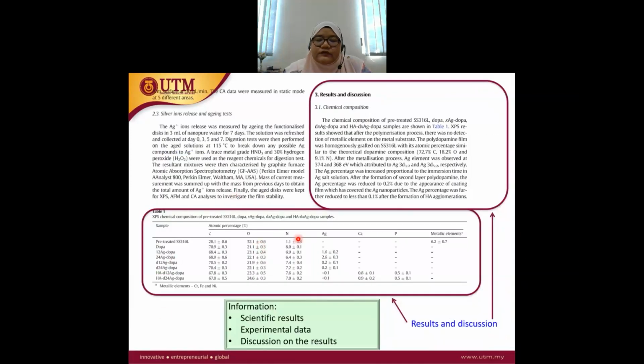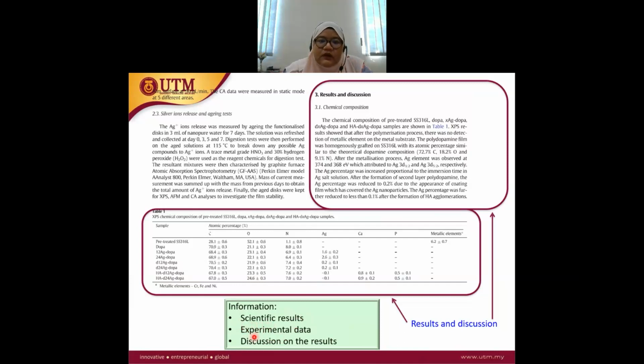Okay, as for result and discussion, this one gives the results. This is the result they presented in a table. The result gives the information for scientific results.